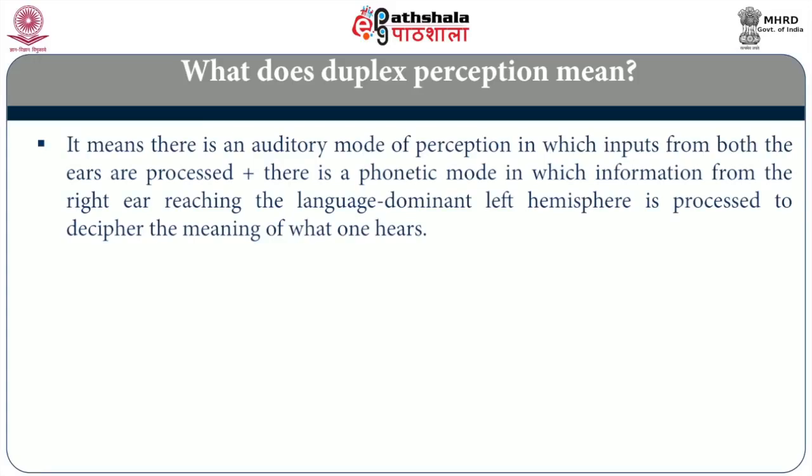In the majority of people, speech and language is understood and processed by the left hemisphere. So, the information is processed like speech, made sense of like language. So, that mechanism is there. At the same time, we can also hear those sounds like that. This is what is called duplex perception.